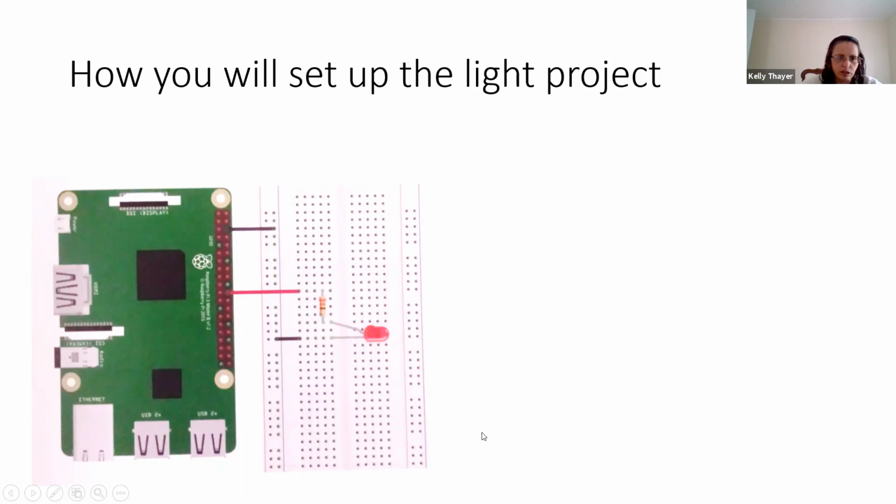If you're familiar with electronics, you know that there are also circuit diagrams, but we're also going to work with those of us who are not electronics specialists yet. Pictures might be helpful. So this is what the wiring should look like, and this basically is the diagram for what I'm showing you.